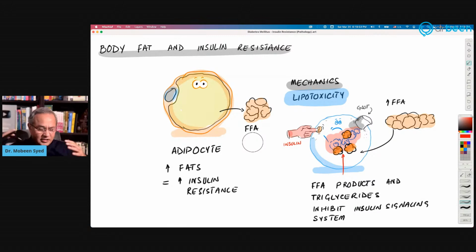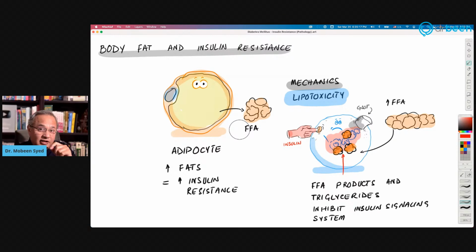Whatever the cause, if the end result is that they are obese, that means they would actually produce more fatty acids than normal people or non-obese people. I should not say normal, we're all normal, but non-obese people will produce less free fatty acids compared to obese.